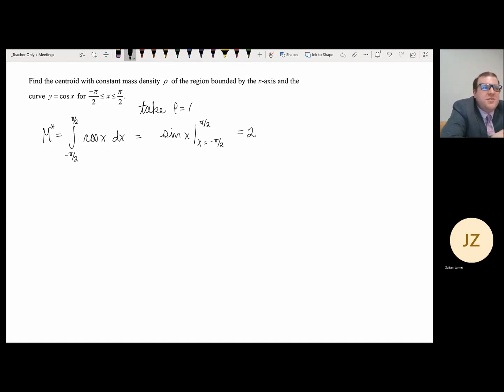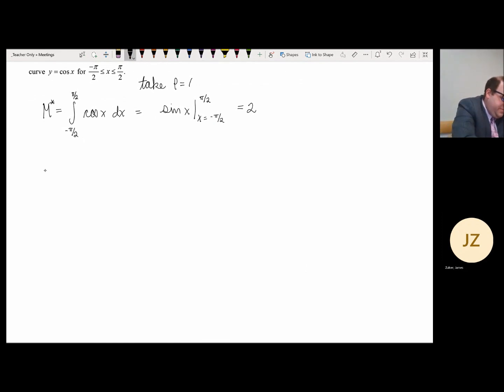Reduced mass is 2. It would be a problem if mass was 0.